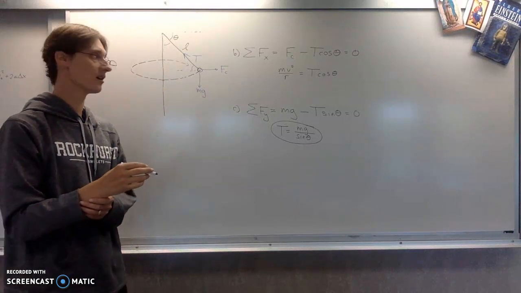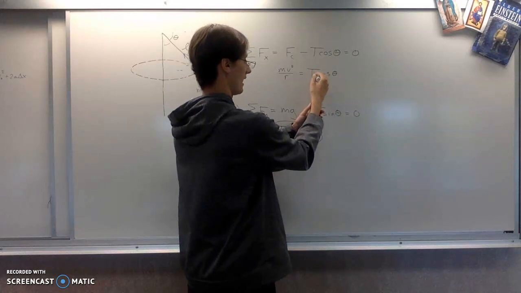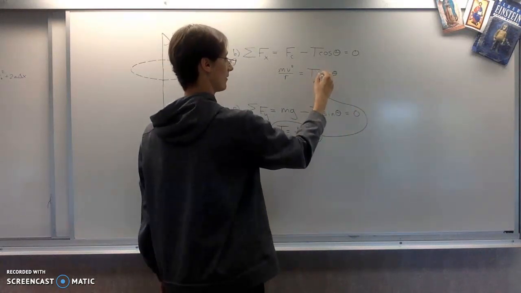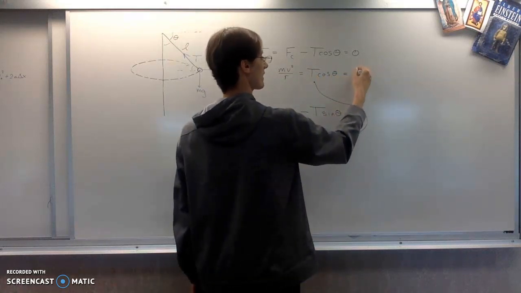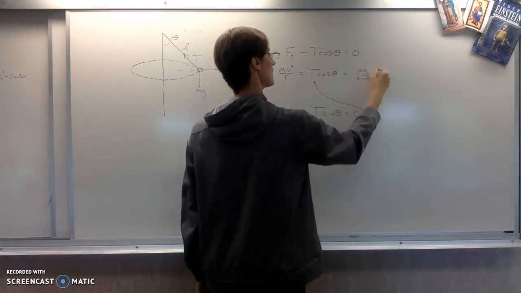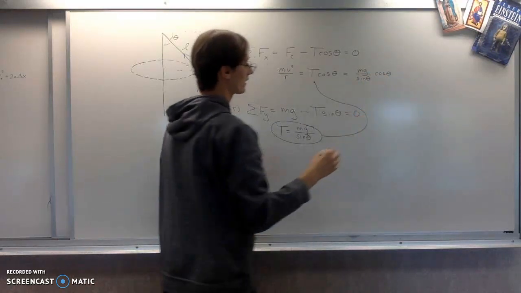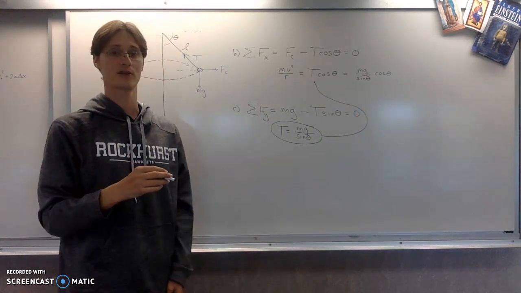Now that I know that's the tension, I can go ahead and substitute it back up in here. So now this side of the equation will say mg over sine theta times cosine theta. If you look at that, you're thinking, aha, can't I do something with sine over cosine as tangent?